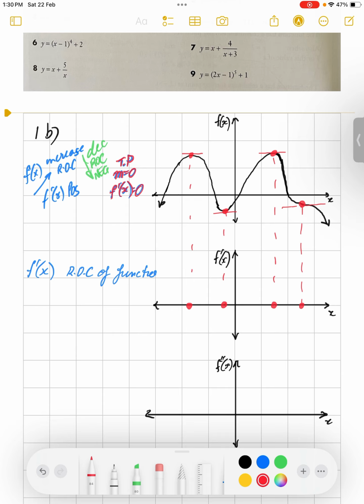Now, when the function is increasing here, we've got a positive gradient, and the gradients are actually getting smaller, and so they're positive. And the gradients here are positive again, and it's steepest at this position here.